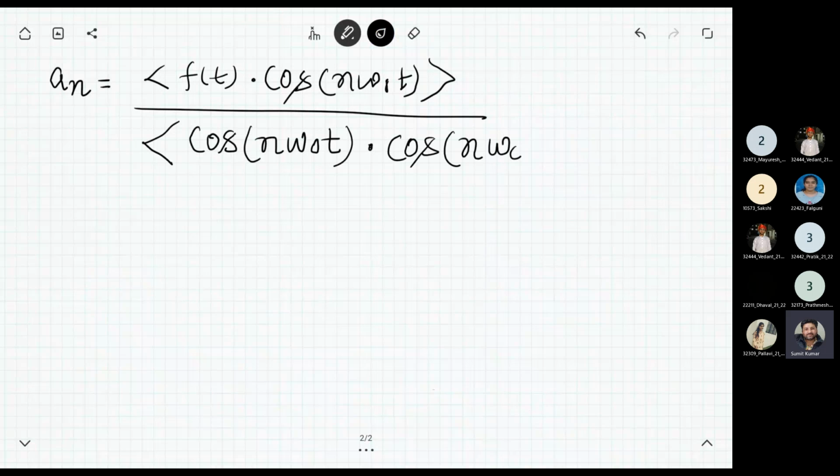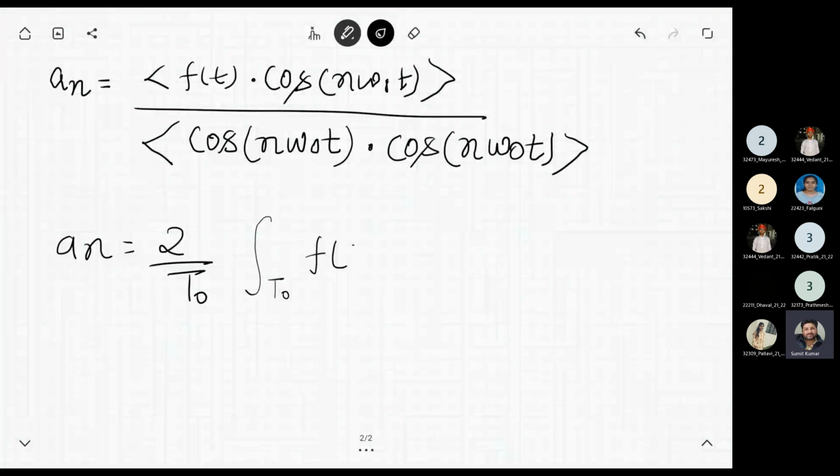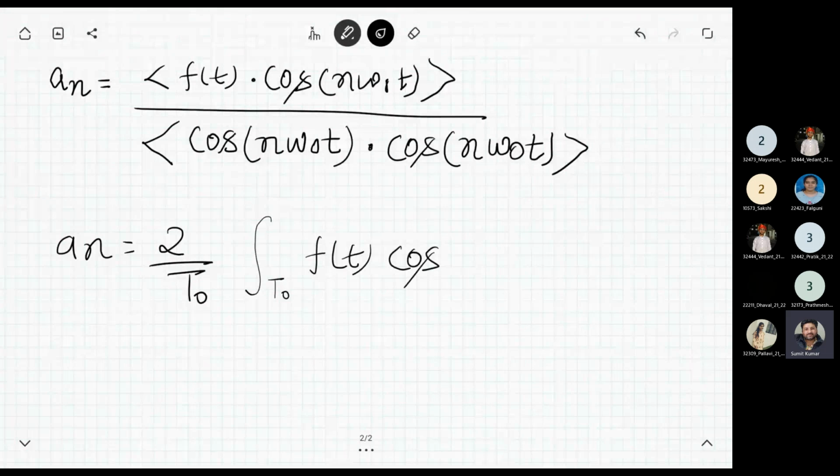And this turns out to be, in our case, not 1 but 2 by T naught. So this is 2 by T naught, integration over a period of T naught, f(t) cos n omega naught t.